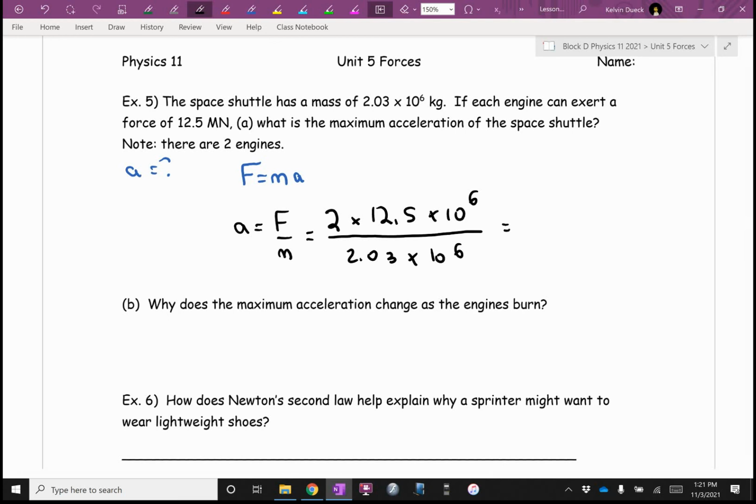You might want brackets around the top, or use your fancy button. What do you get? I'm doing some rough math in my head. I think you get something around 11, 12-ish, because that's roughly 24 divided by 2-ish.